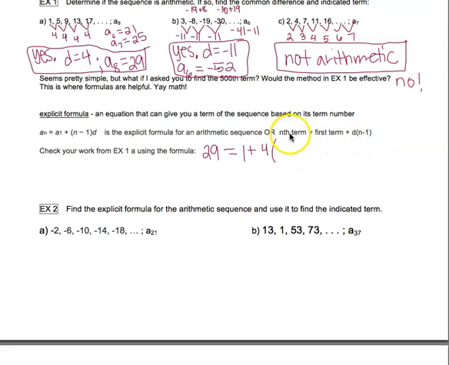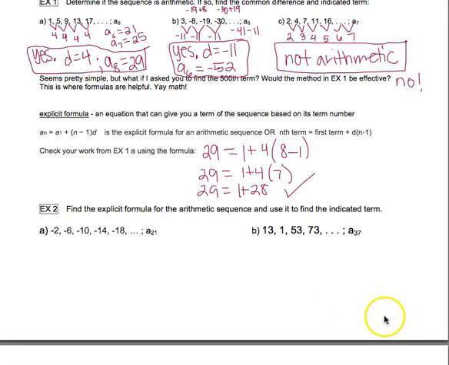The nth term is the 8th term, so n would be 8 here. When I simplify this, I have 29 equals 1 plus 4 times 7, because order of operations starts with parentheses. Next is this multiplication, 4 times 7, which is 28, and 1 plus 28 is indeed 29. So it shows that yes, I can find that term using the explicit formula.